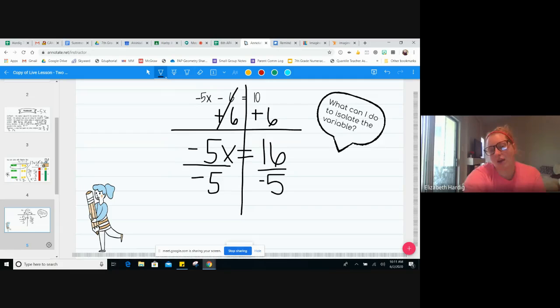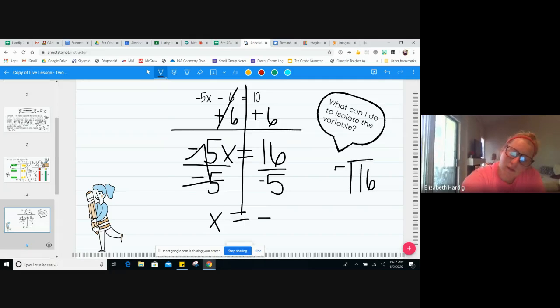So -5 divided by -5, that gives me a 1. That simplifies. So now I just have 1 positive x. And I need to divide 16 by a -5. When you have a positive number divided by a negative number, that will give you a negative solution. So I'm going to divide 16 by 5.